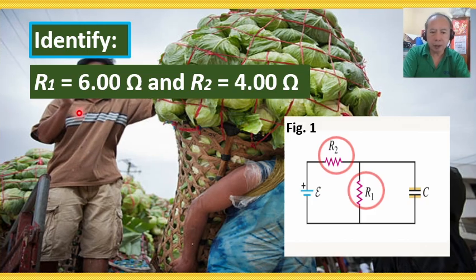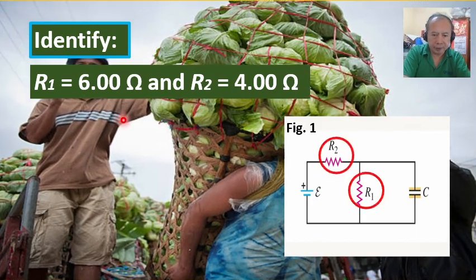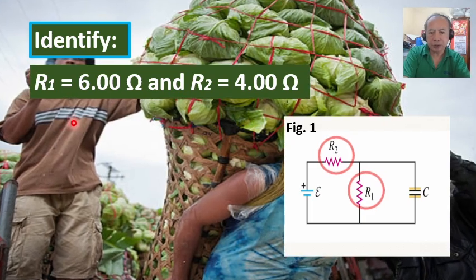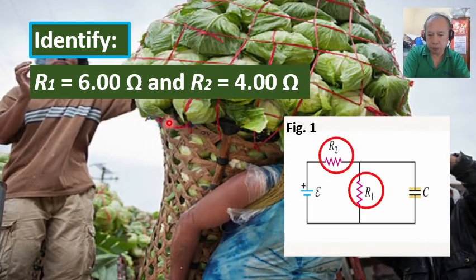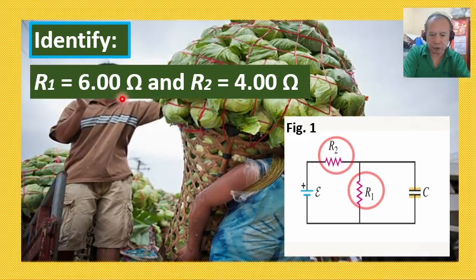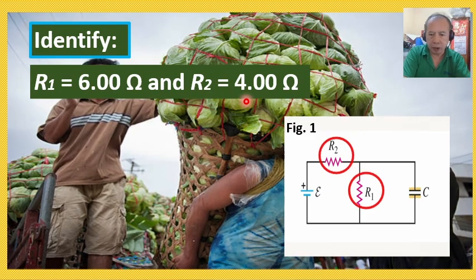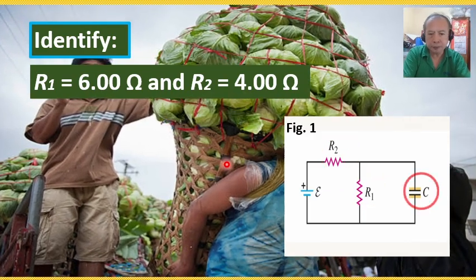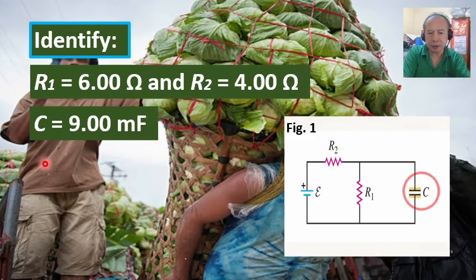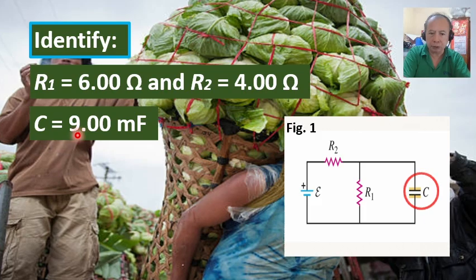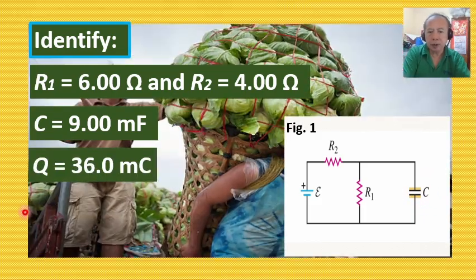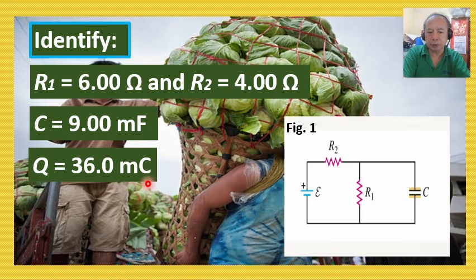We are given the resistances of the two resistors R1 and R2, right? So R1 has a resistance of 6.00 ohms, while R2 has 4.00 ohms. Likewise, the fully charged capacitor has its capacitance, big C, equal to 9.00 millifarad, and a charge big Q equal to 36.0 millicoulomb.